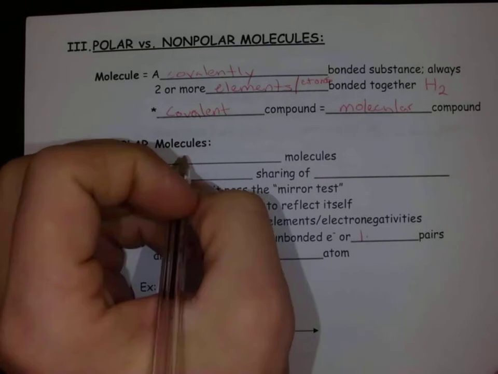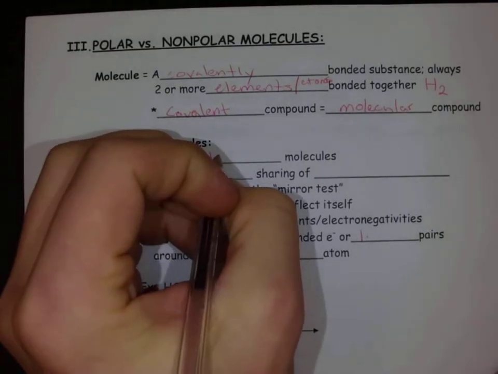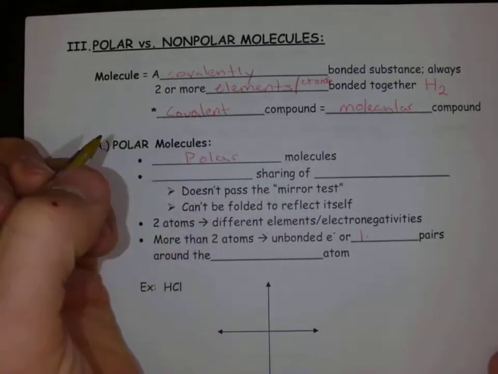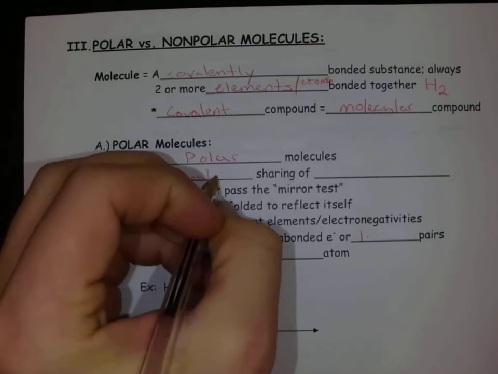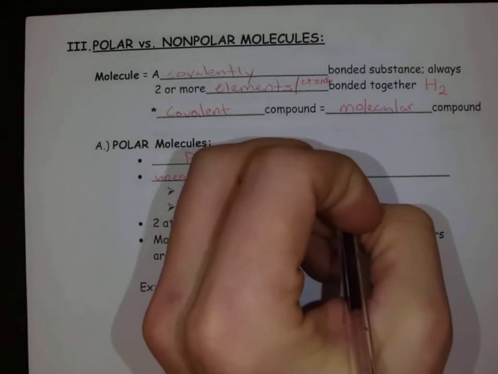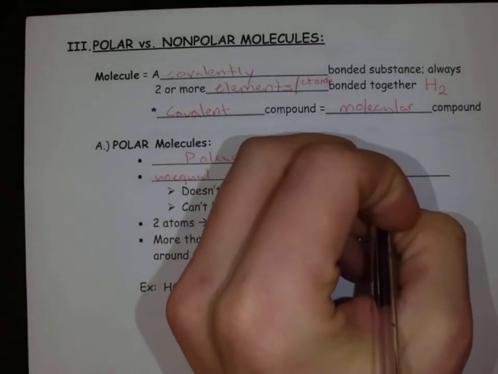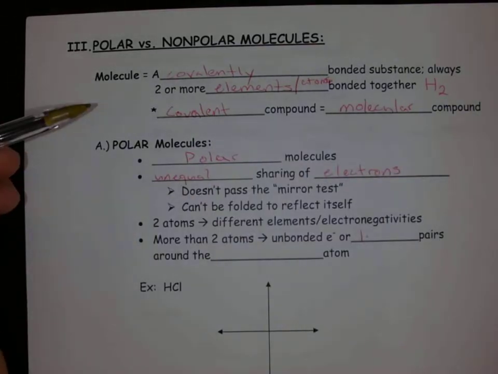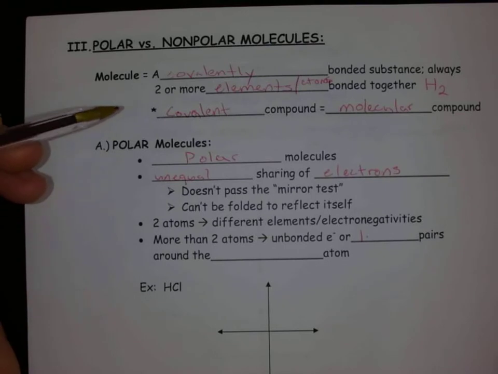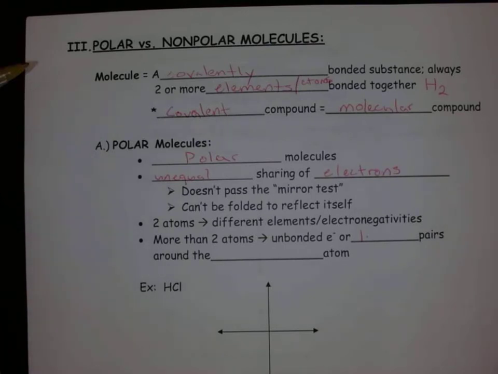So these are polar molecules. We have unequal sharing of electrons. So even though we have covalent compounds, it still matters where those electrons are. With our ionic compounds, we said the electrons totally get pulled over to one side.